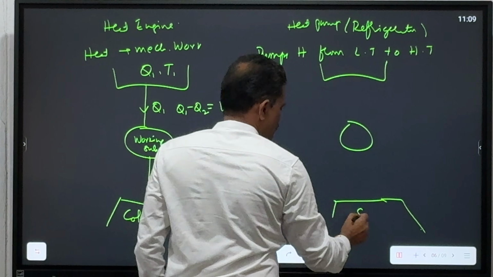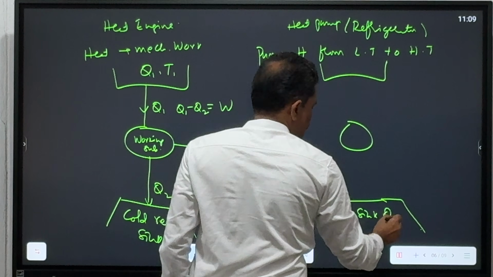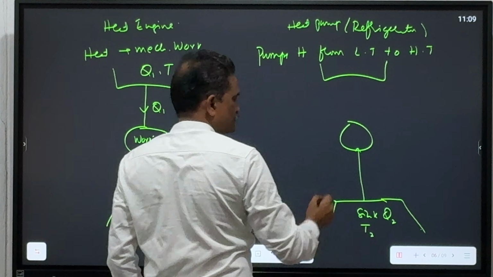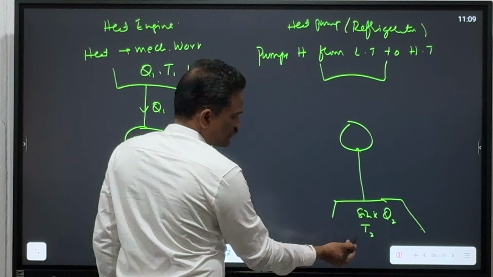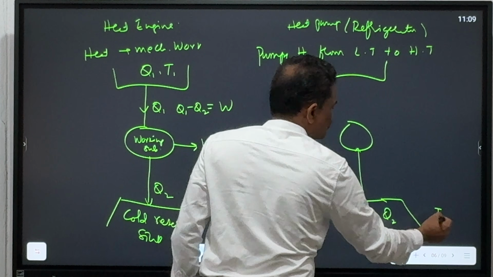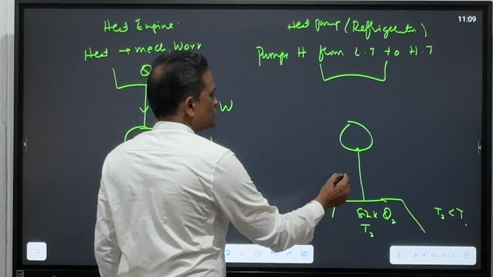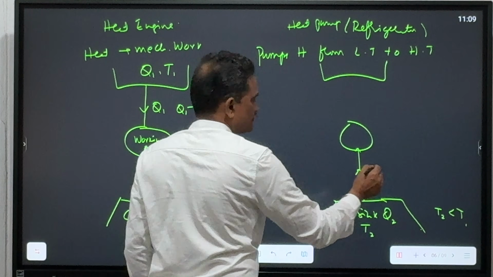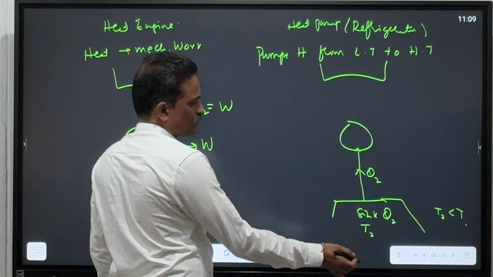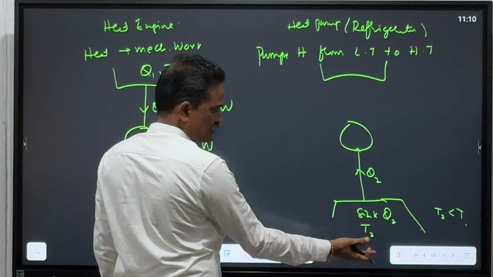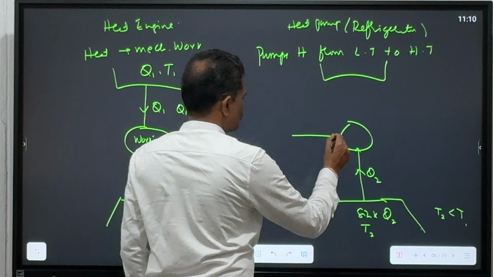So this is the sink at Q2, temperature T2. Heat is drawn from the object whose temperature is less, because T2 is less than T1. Q2 is drawn. How can I draw the Q2? In order to draw heat energy from objects of lower temperature, I have to do work.